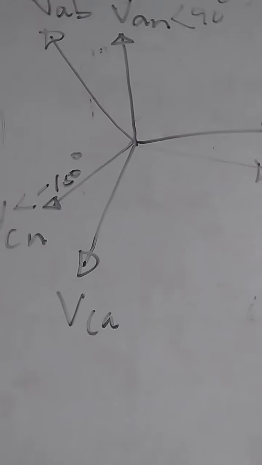Because it is positive, our line will lead the phase. So this will be VBN, this will be VCN, and this will be VAN. This will be at minus 30 degrees, right? Since this one is minus 120, this will be at minus 150 degrees. So that is how our phasor diagram goes.